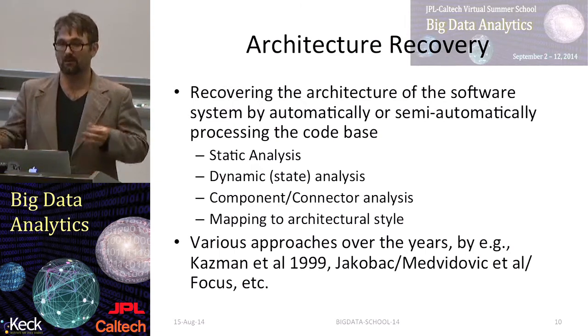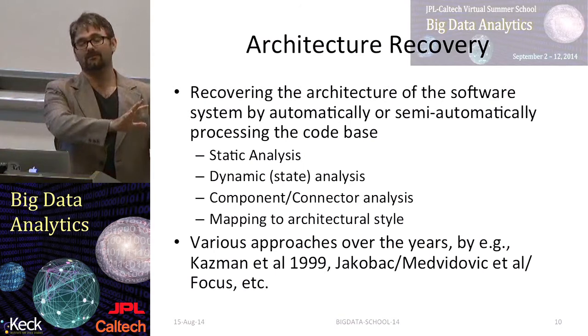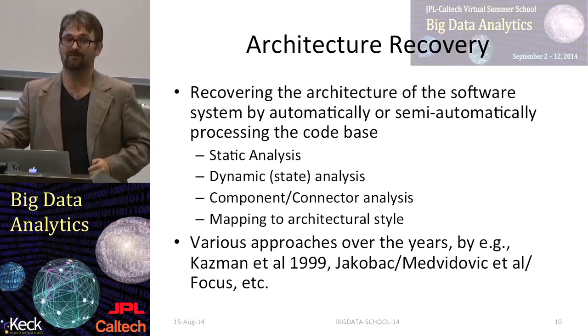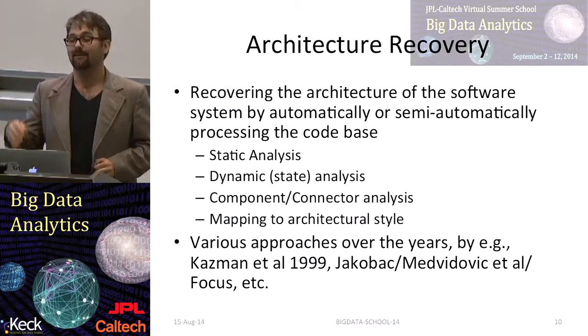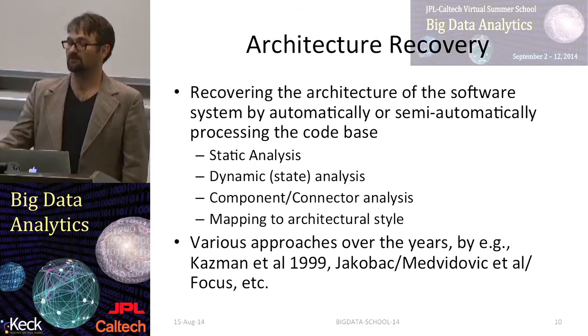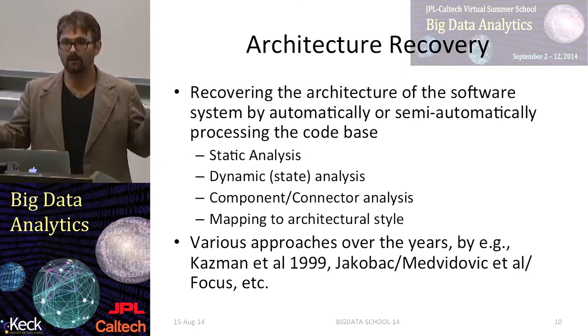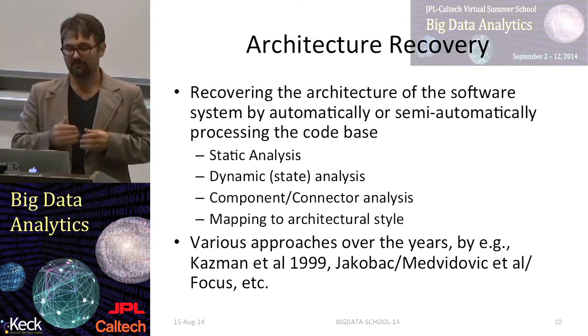It's what you constantly are working on. You may even have great architectural design and all these documents, but eventually you get to the code, and that's really what the investment is going to go into in terms of maintaining. So the best way is to have some process for automatically, or as automatically as possible, recovering an architectural model from that. And that's the process of architecture recovery.